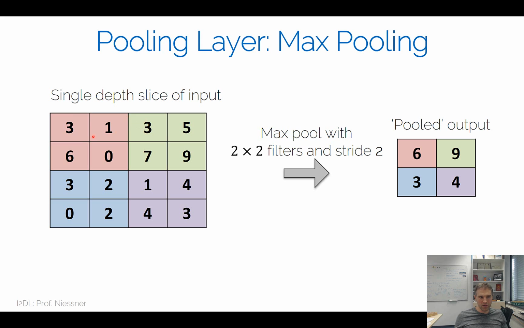So in this red area, we have a 2x2 chunk of the image. We just pick the largest value. The largest value in this case is 6. So here we get a 6. Then we take this green area. It's a 2x2 area. Largest value is 9. So 9 is here. Then the blue area. We have 3 here as a maximum. That's 3. And here we have two 4s, which leads you to 4.